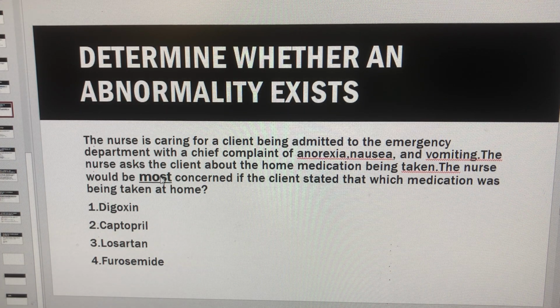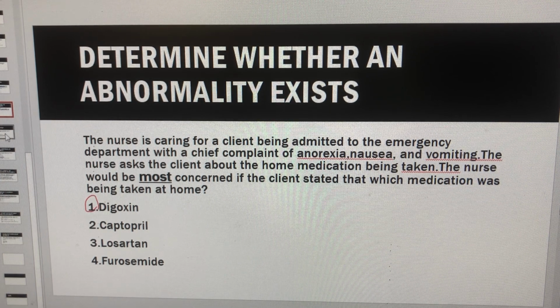Although gastrointestinal distress can occur as an expected side effect of many medications, anorexia, nausea, and vomiting are hallmark signs of digoxin toxicity. Therefore, the nurse should be most concerned with this medication if taken at home by the client. Remember to first determine whether an abnormality exists in the event before choosing the correct option. The answer is number 1, digoxin.